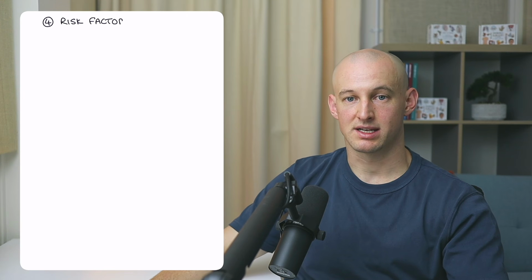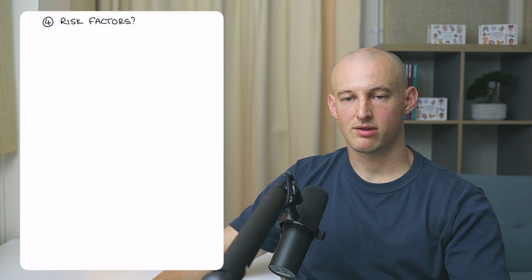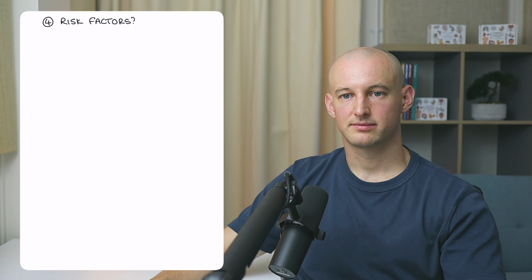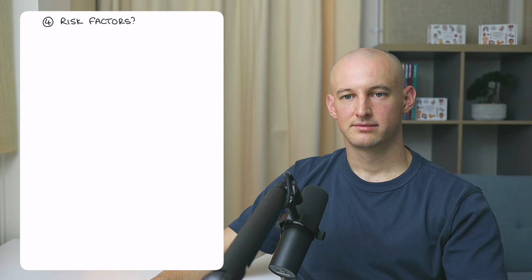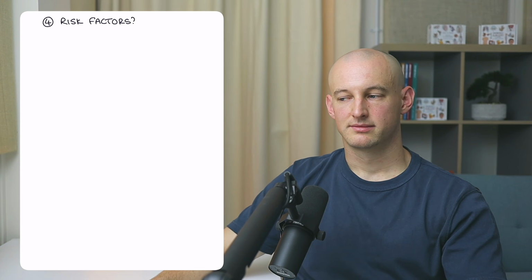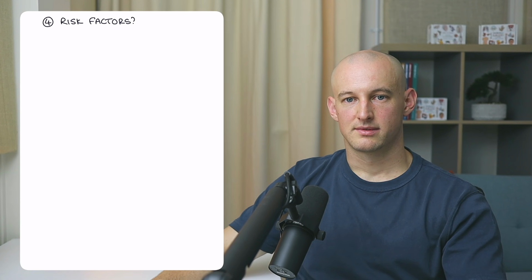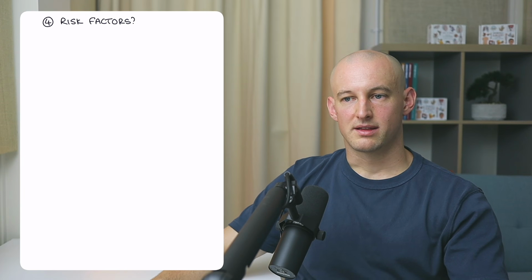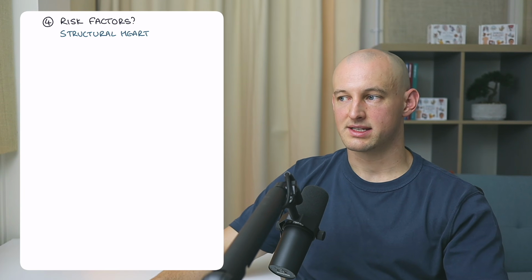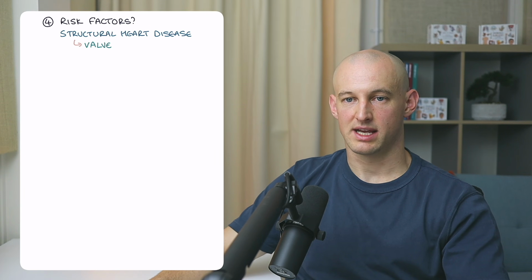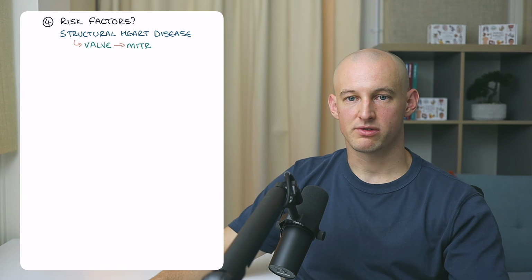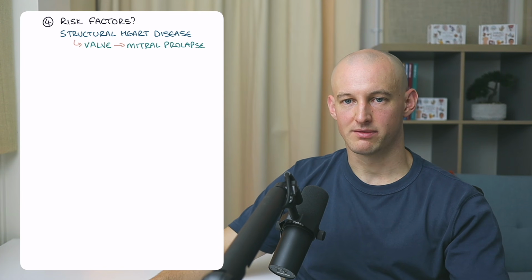Question 4. What are the top 2 key risk factors for infective endocarditis? The first is structural heart disease, particularly valve pathology, for example, mitral valve prolapse or regurgitation.